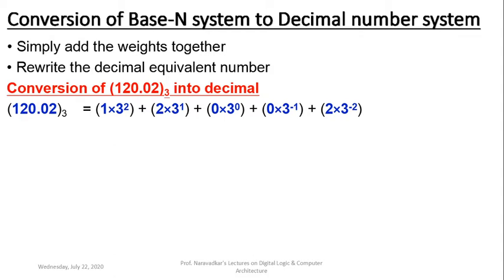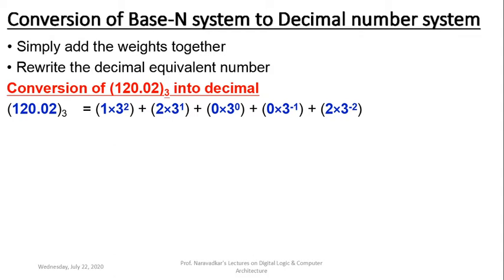We know that to the left side of the ternary point there are 3 digits, and on the right side there are 2 digits. Left side will have increasing weights, that is powers of 3, and the right side of the ternary point will have diminishing, decreasing powers of 3.